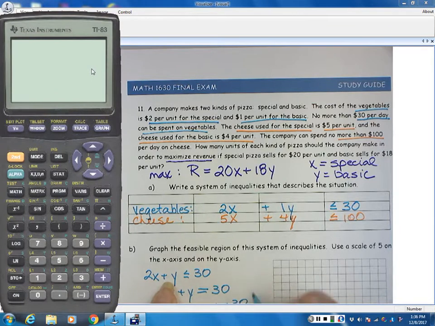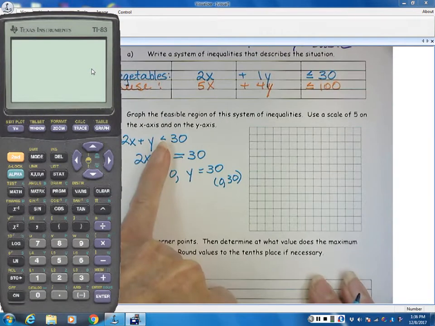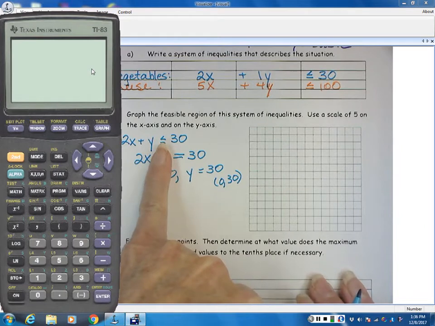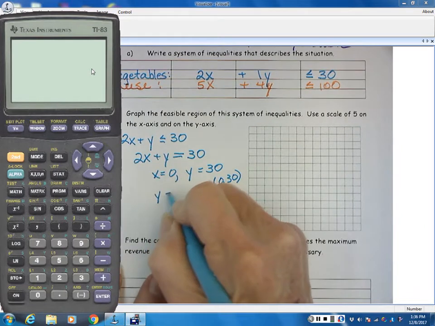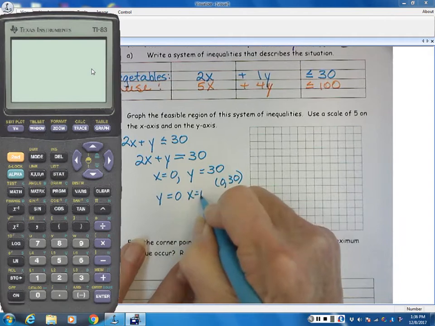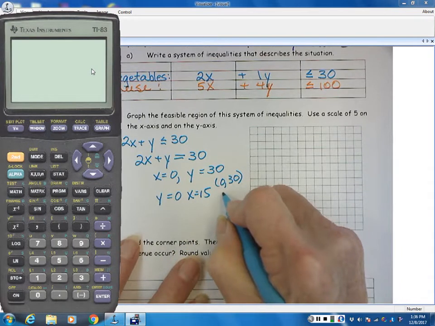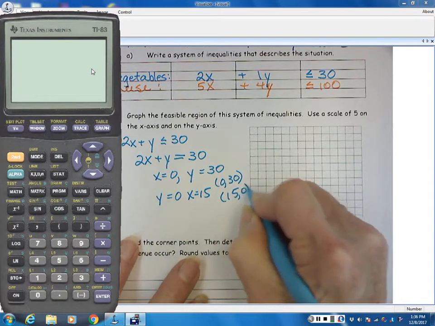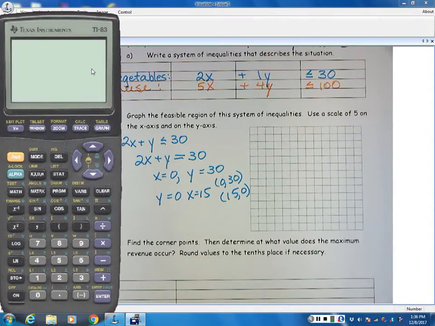And that gives us the point 0, 30. Then if we let y be 0, then 2x is going to be 30, and x is going to be 15. So that's the point 15, 0. So there's our 2 points.